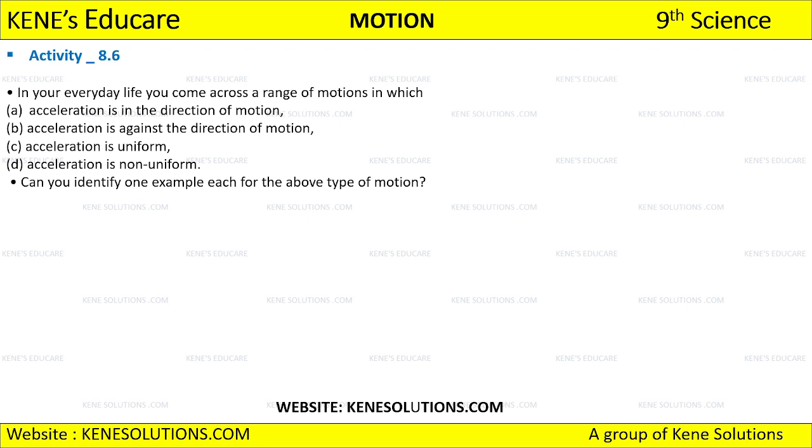Okay. So I'll tell you an example for when acceleration is in the direction of motion. For that, you know that acceleration is a vector quantity, right? Because it is a vector quantity, it shows that velocity is changing either in magnitude, or in direction as in circular motion, or in both ways.